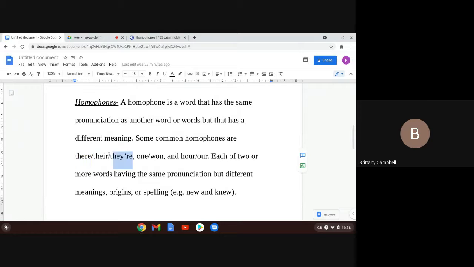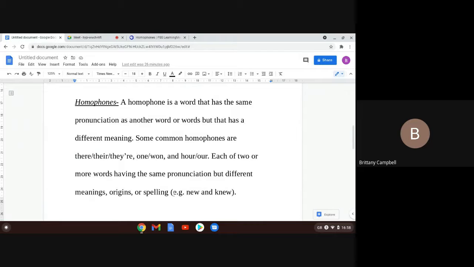So you have to pay attention here, what? To the spelling of the word. Yes? We use one and one, hour and hour. So each of the two or more words having the same pronunciation but different meanings, origins, or spelling.